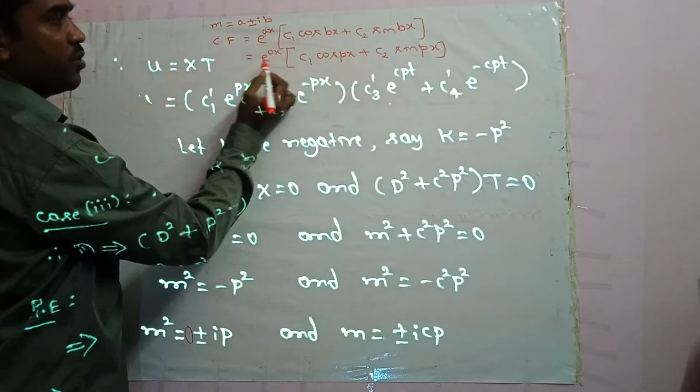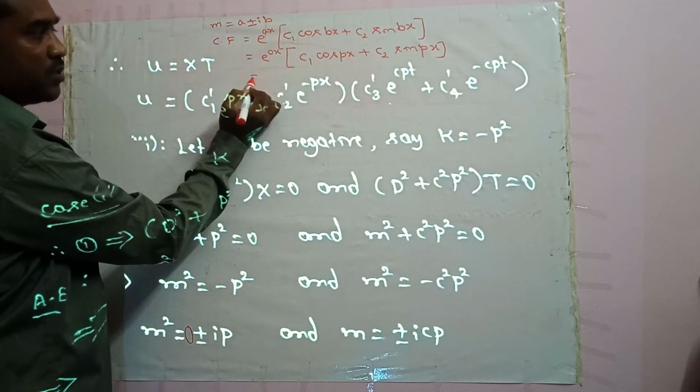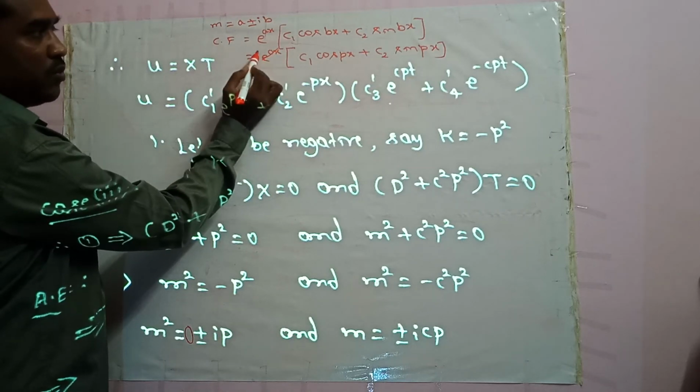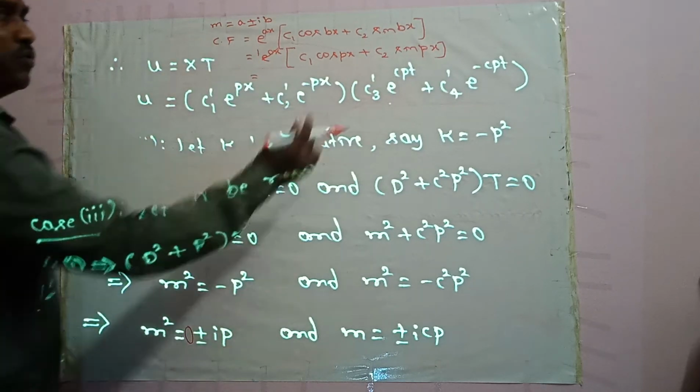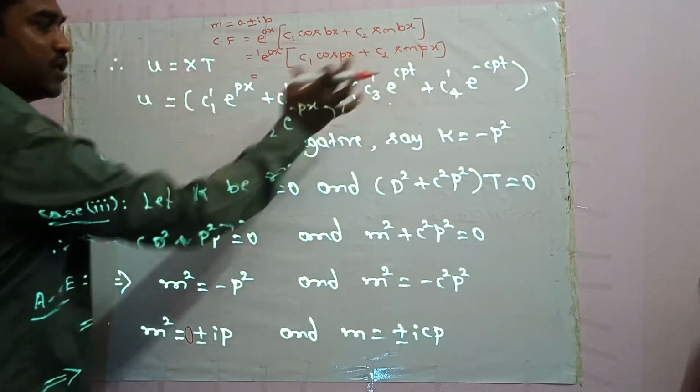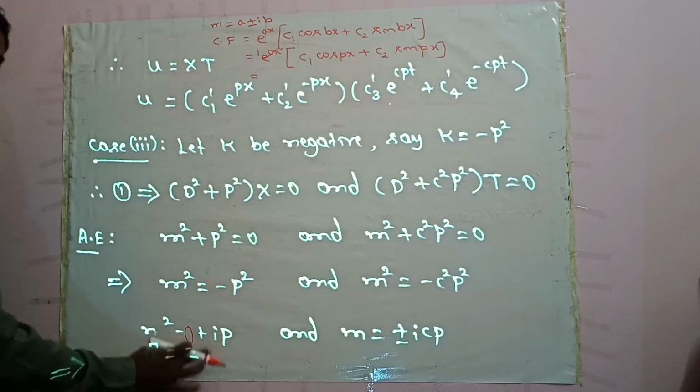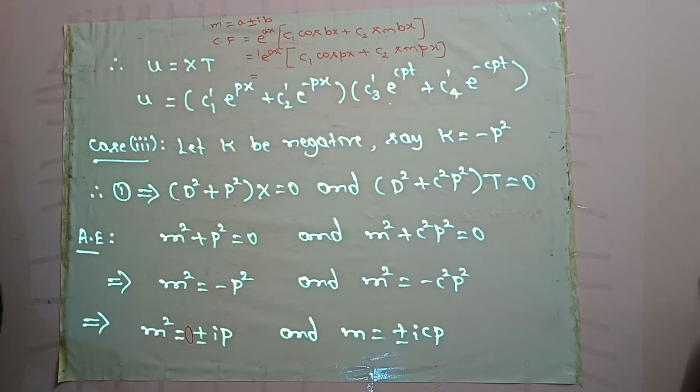So this will be your complementary function. In the next step, e to the power 0 value will be 1. What remains is only this.